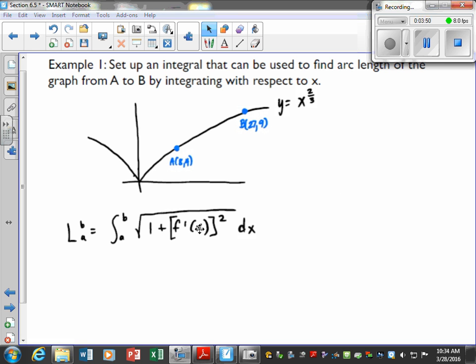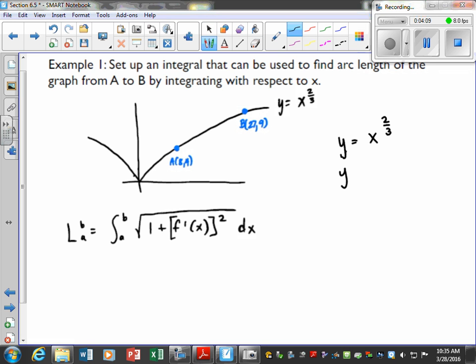To evaluate this, first of all we need to know our intervals, and since this is with respect to x, we're going to use the x values of our 2 points, and then you can see that we're going to need a first derivative. So let's go off to the side and do the first derivative as scratch work. I write down my y.